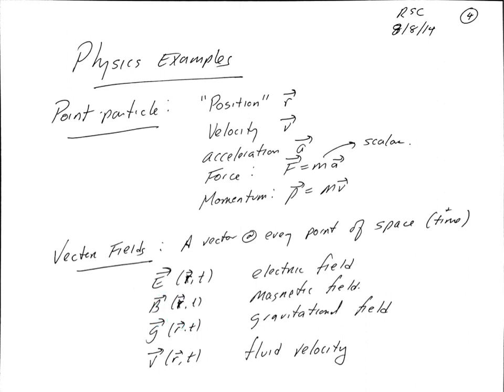There can be as well a magnetic field at every point in space and time. There can be the gravitational field, the acceleration that a unit mass or a test mass will experience due to gravity. Or if we're talking about the motion of a fluid, we can talk about the velocity of any little element of fluid as a velocity vector field.